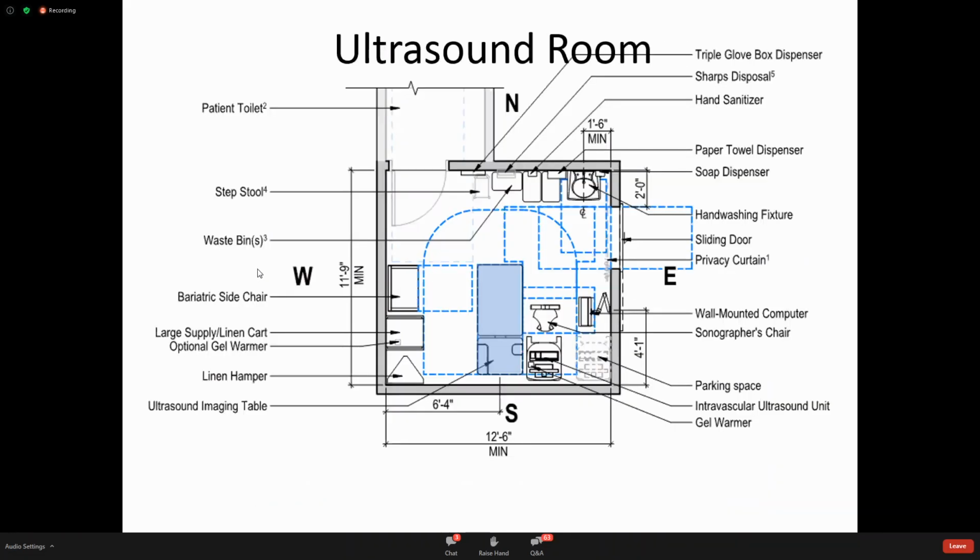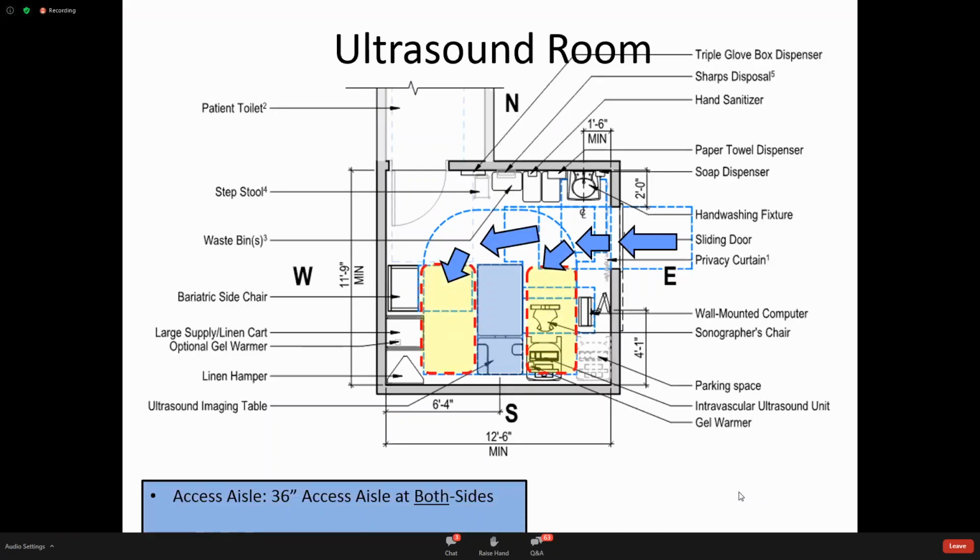So our layout, one of our kind of standard Sutter layouts. As you recall, now you have to provide access on two sides because it's not a general exam room. So we've got that. Now there's something unique going on here. Most all of you, I'm sure, know the ultrasound process requires, as part of the way you operate and you deliver medicine, the ultrasound unit has to be right there. It has to be right next to the table. There's no way around it.